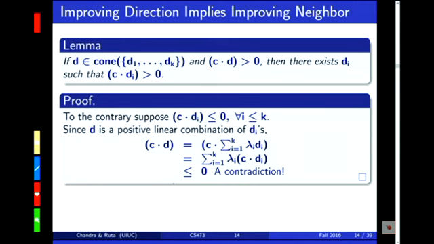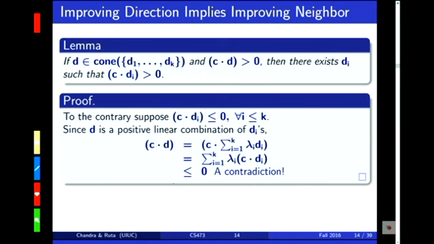But if all of these are at most 0, how can this quantity be more than 0? Simple, right? So that's a contradiction.